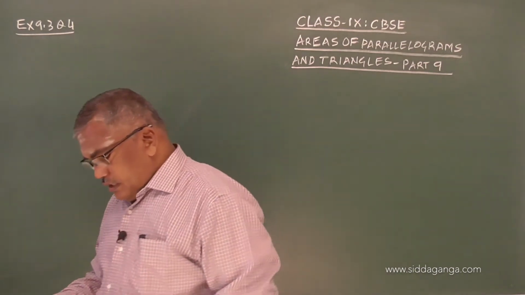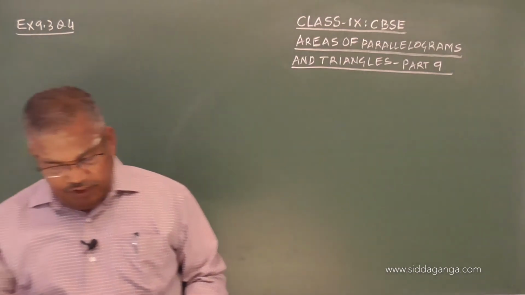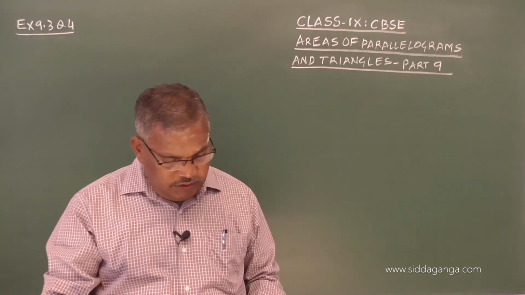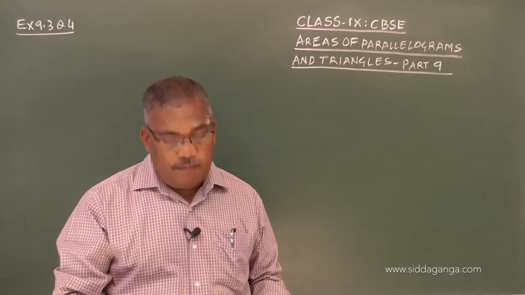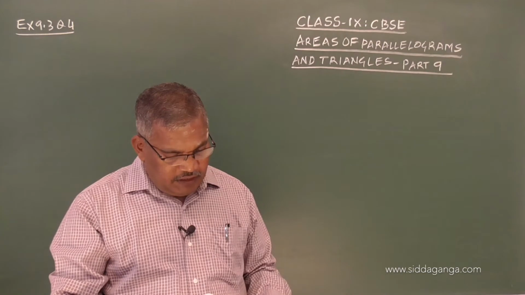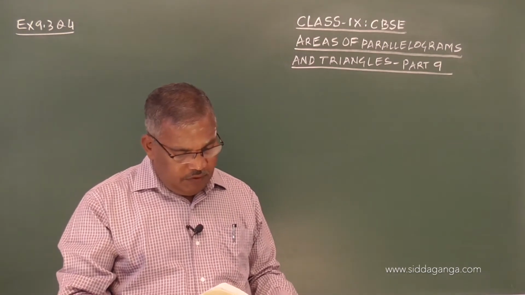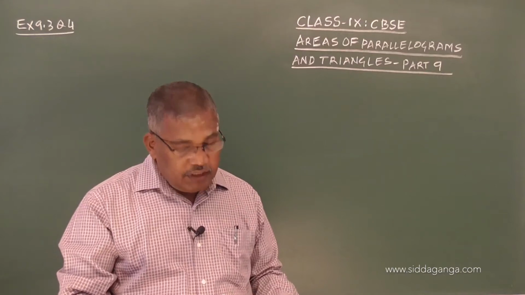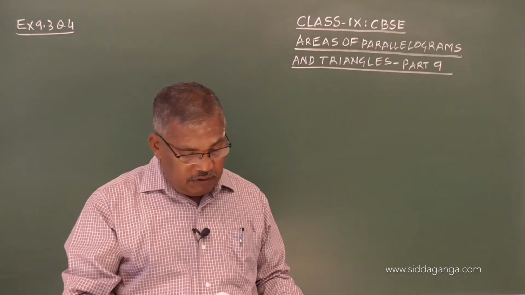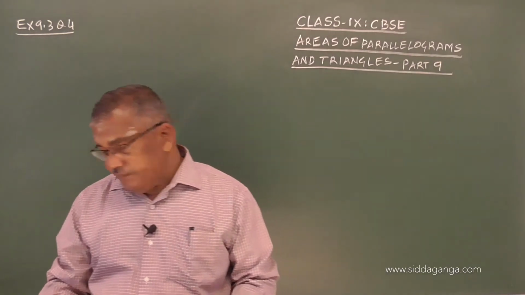There you will get the question. ABC and ABD are two triangles on the same base AB. If a line segment CD is bisected by AB at O, show that area ABC equals area ABD.